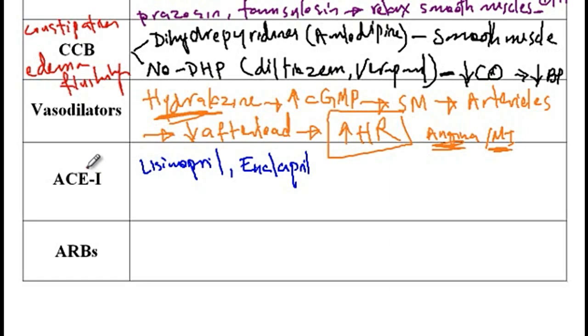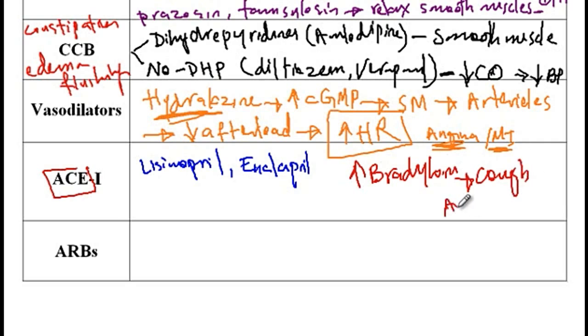However, by blocking the angiotensin converting enzyme, there would be an increased level of bradykinin in these patients, which can cause cough and angioedema. And then since there is a decreased perfusion of the renal vessels in these patients, they could also cause hyperkalemia.